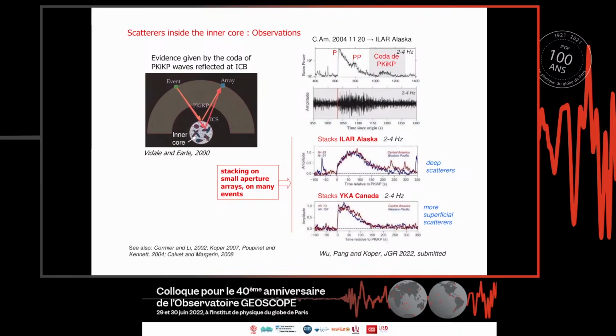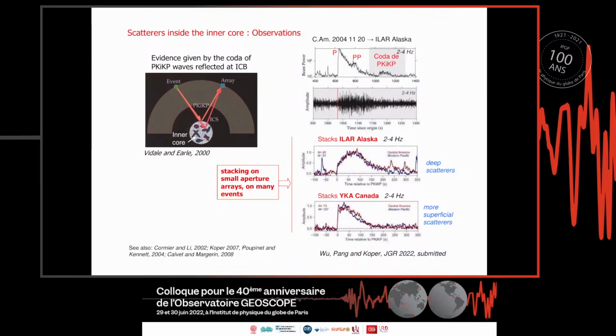Here you have an image which starts rather steeply before having again this tail. And the fact that you have energy rather steep here denotes that numerous scatters are very close to the surface.